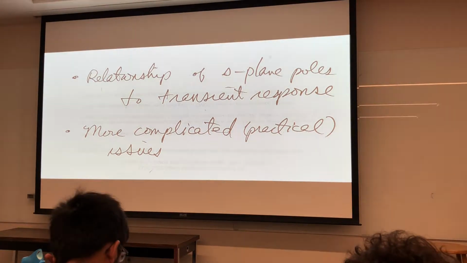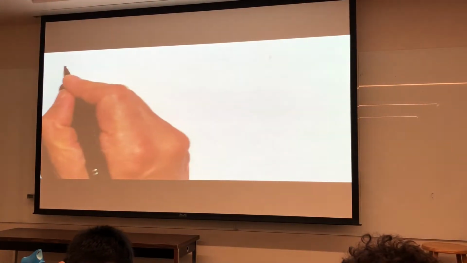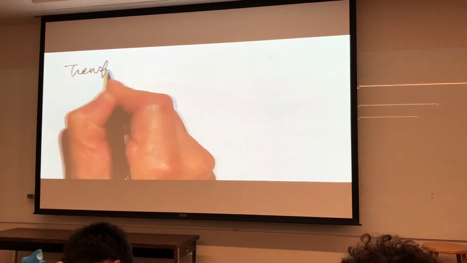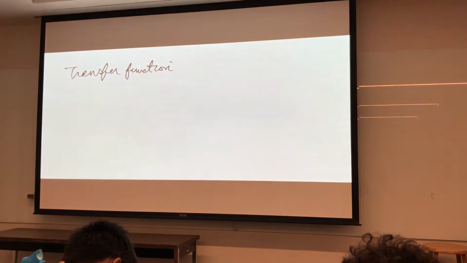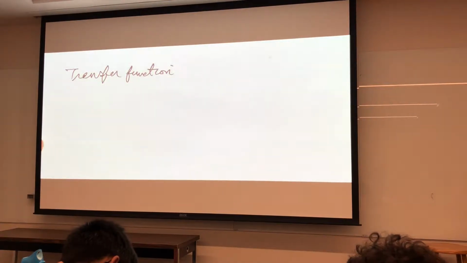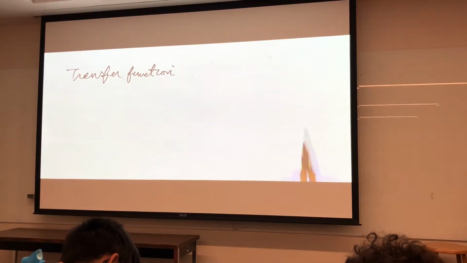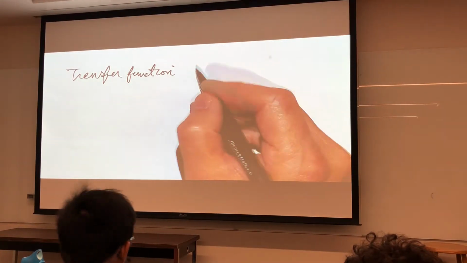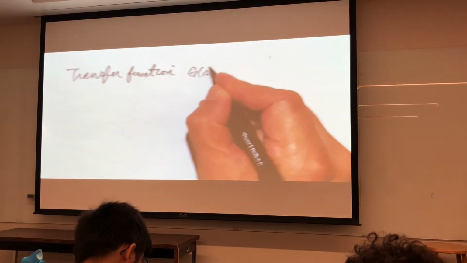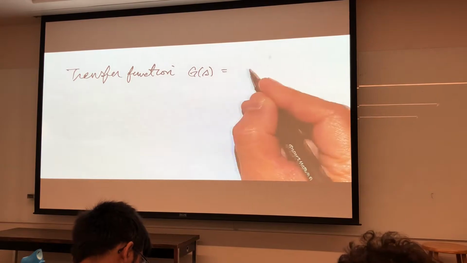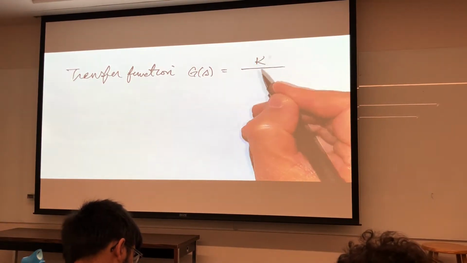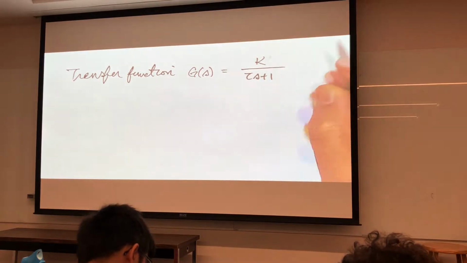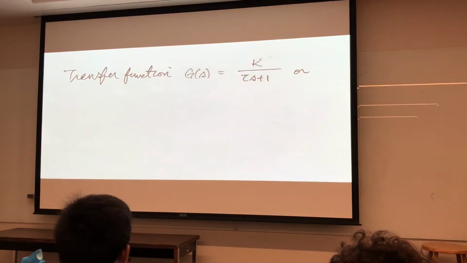Okay, so we're going to talk a little bit about the transfer function. Again, remember, a transfer function is a model that describes the input-output relationship of something, and the ones that we've looked at are first order, so it could be like this, or second order.